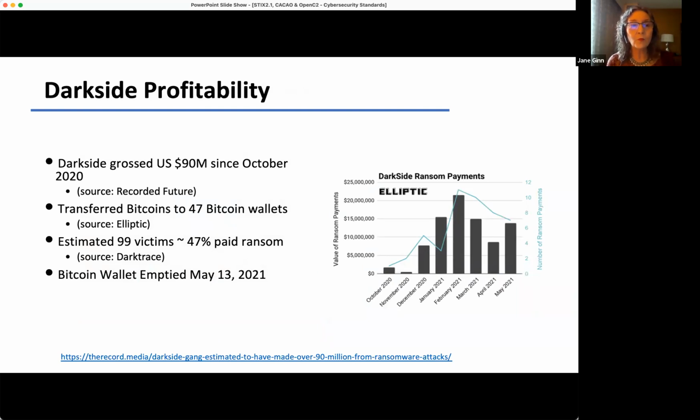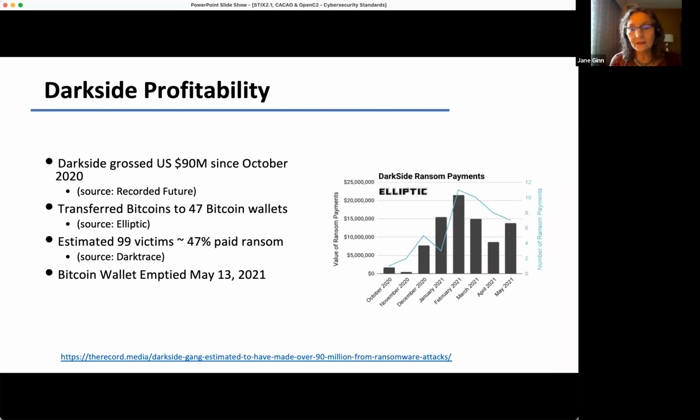At the same time, we had the popular press advertising to the world what we saw was happening. The analytical community started looking at some of the TTPs, tactics, techniques, and procedures that they were using. And we saw that when the FBI started tracking the DarkSide RAS cybercriminal syndicate, they had already grossed 90 million since October 2020.